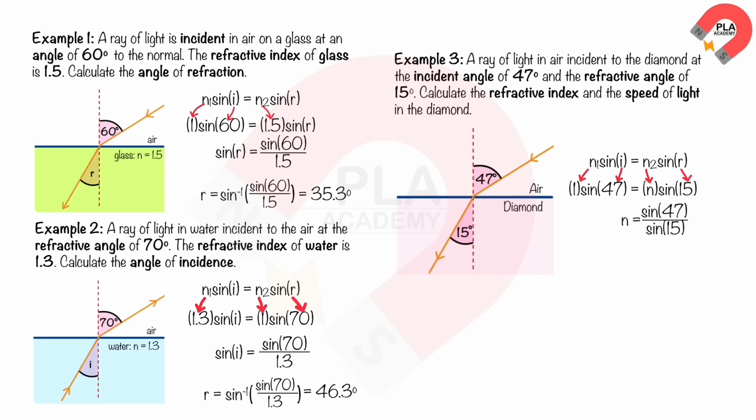So, N equals sin 47 over sin 15. N equals 2.8. From N equals c over v, so v equals c over N. Substitute N equals 2.8 and c equals 3 times 10 to the power of 8. Then, v equals 1.07 times 10 to the power of 8 meters per second.